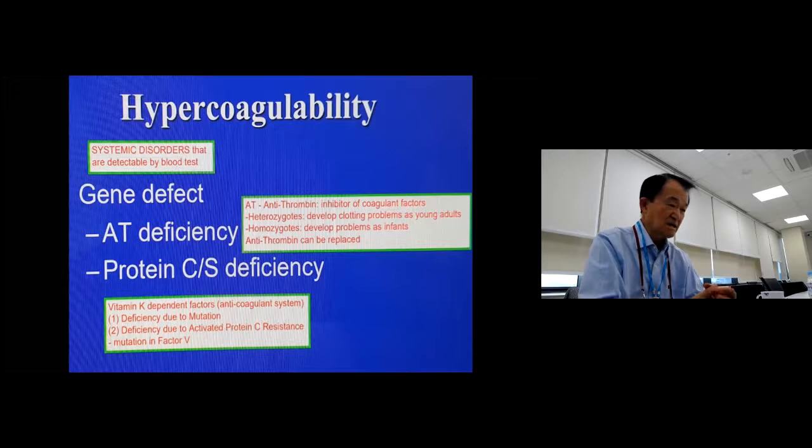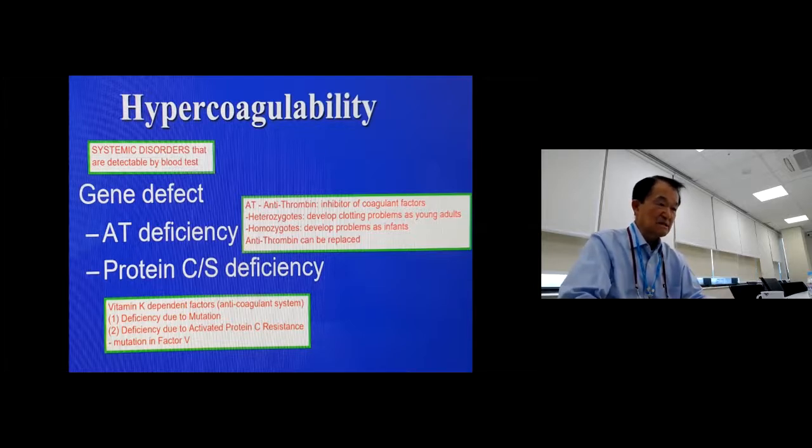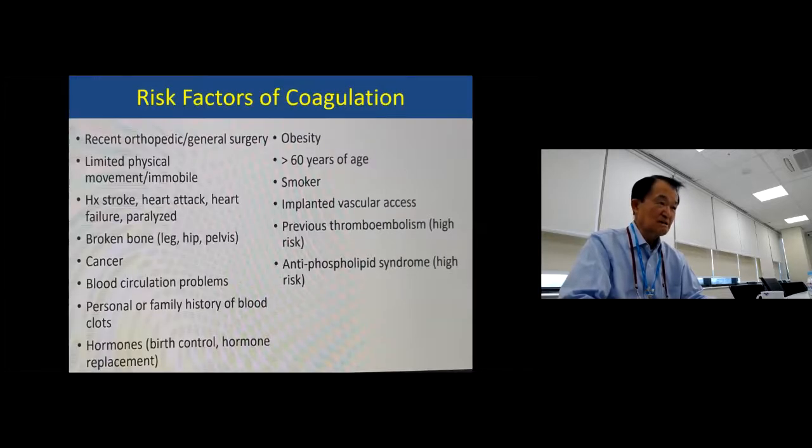Usually the vitamin K dependent anticoagulation system has a problem by mutation or protein C resistance. This kind of thing has been known, and we have a new treatment with that kind of information. Again, old age, certainly smoking, and obesity contribute.